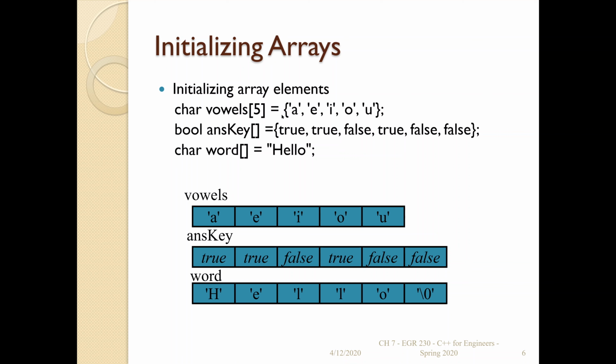Now, another thing you'll notice here is that in this case, they specified the size. So size matched how many different elements you put in. But here, the Boolean, ANSKey being the name of it, did not specify a size. What actually happens here is that it will make it the size needed by how many elements you've initialized. 1, 2, 3, 4, 5, 6.